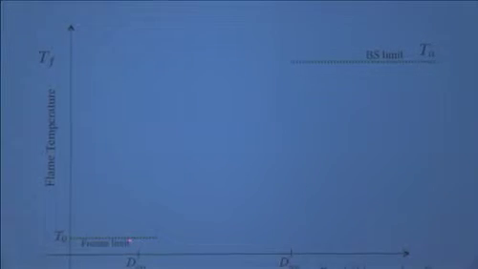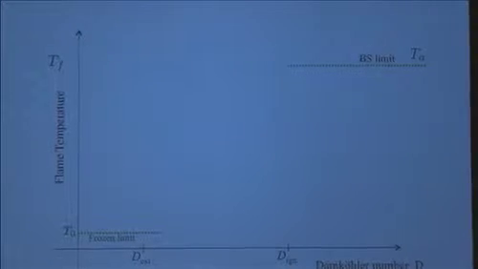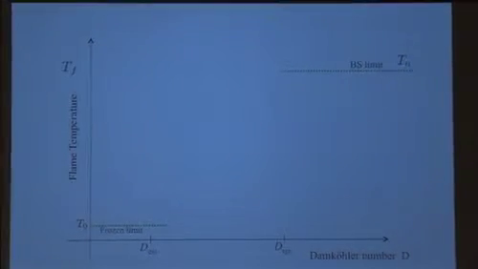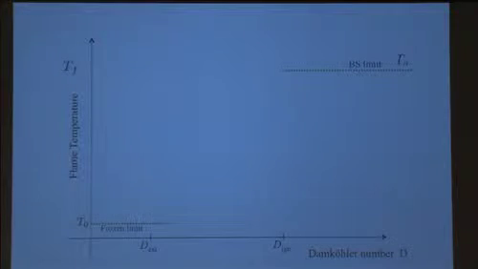Right? Now, what happens when I increase the Damköhler number from this end to this end? Or if I decrease it from the Burke-Schumann solution, what happens? Remember, decreasing the Damköhler number is like increasing the strain rate. So what happens?